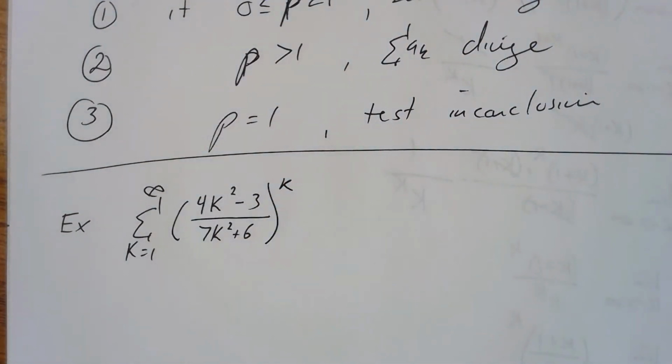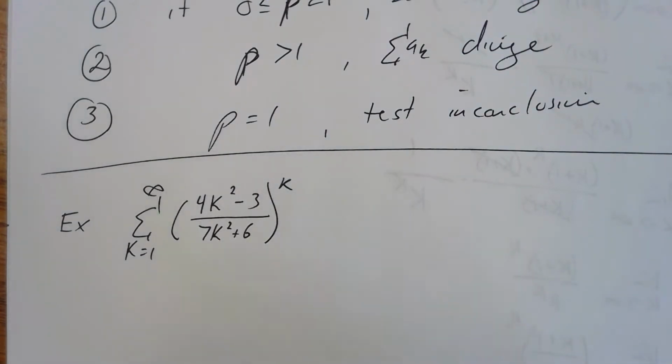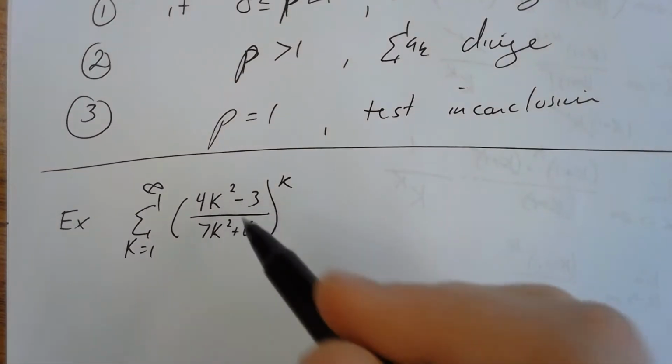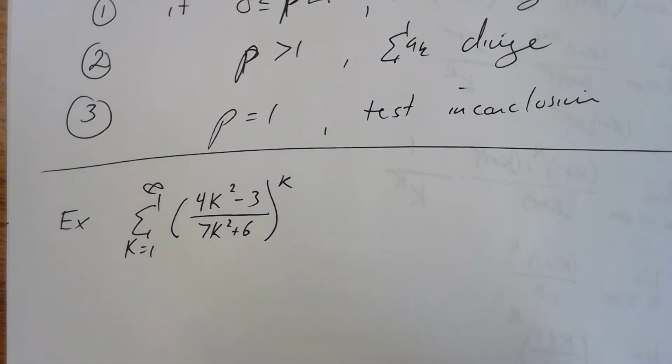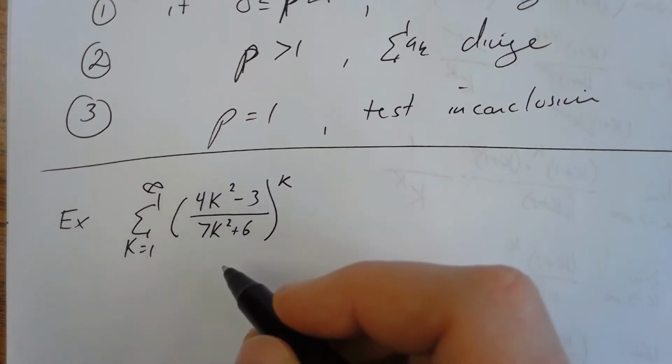You're looking at this going, well, this should obviously be applied to the root test, specifically because of that power of k. And the inside is also not just a number. If the inside was just a number, then we could talk about this being a geometric series and be done with it. But it's not a geometric series. It's got some other stuff going on inside of it.